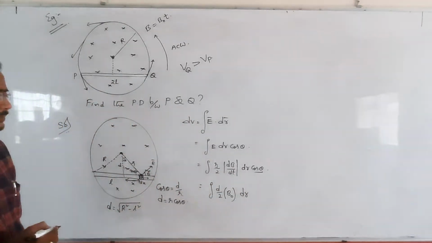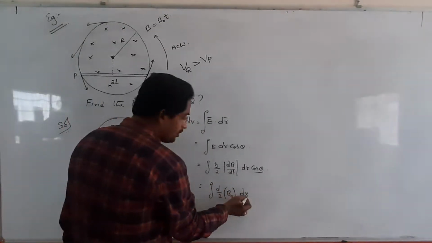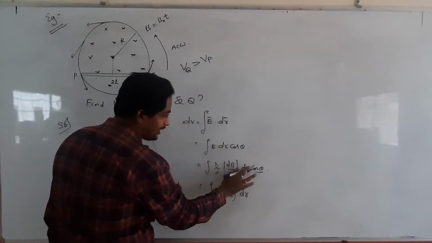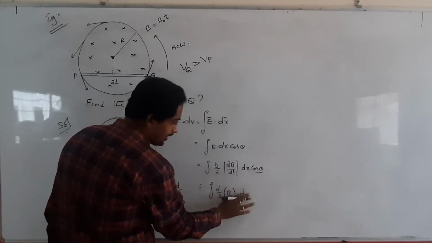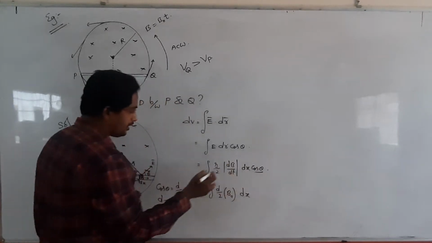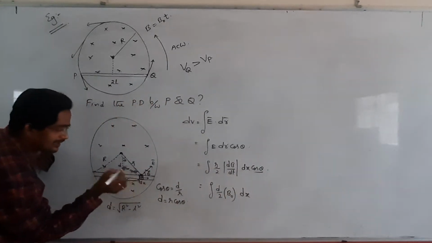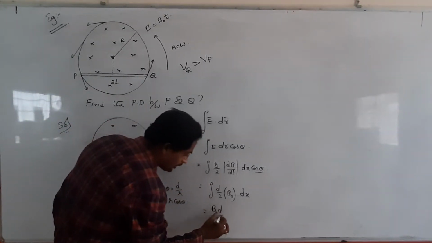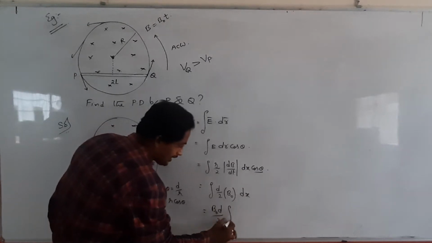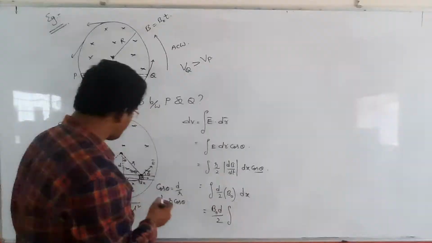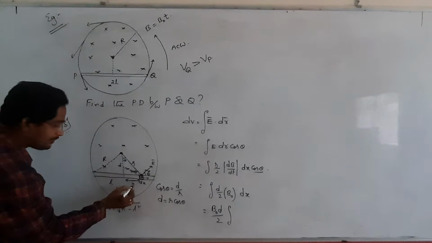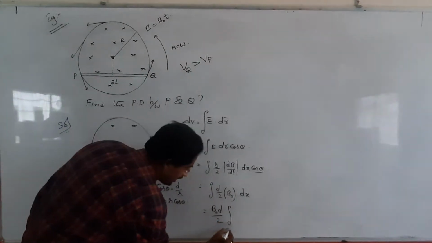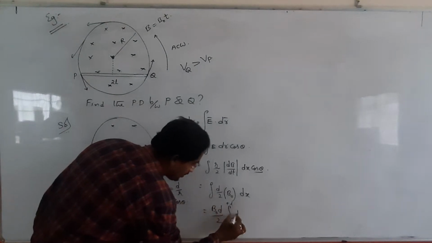This dr means dx here, because the element length is dx. What we are getting then? B naught d by 2 integral. What are the limits for x? For covering the total rod, the limits of x are minus L by 2 to plus L by 2, into dx.